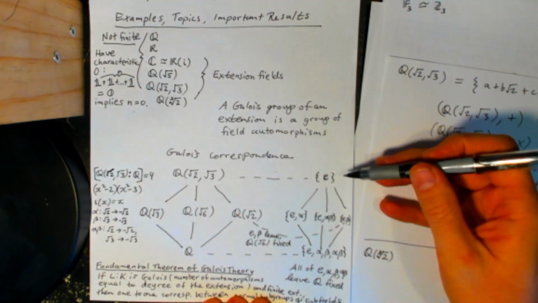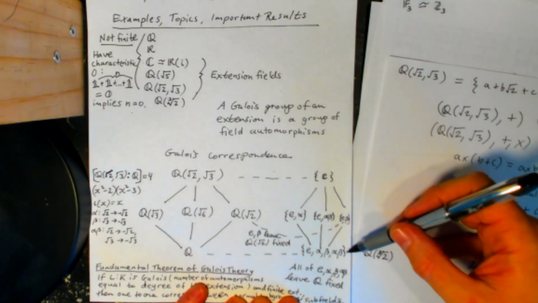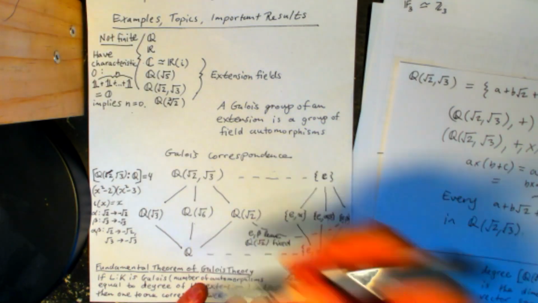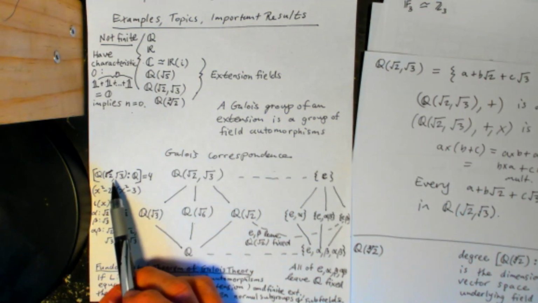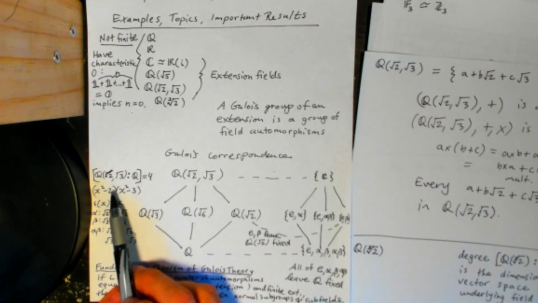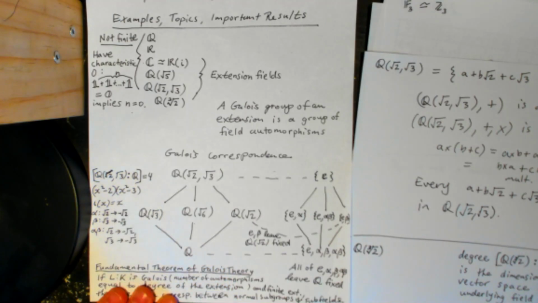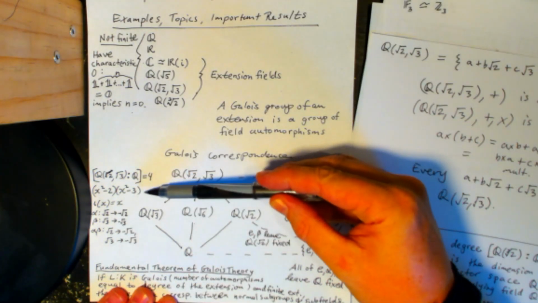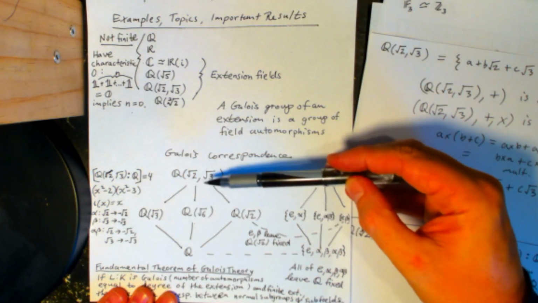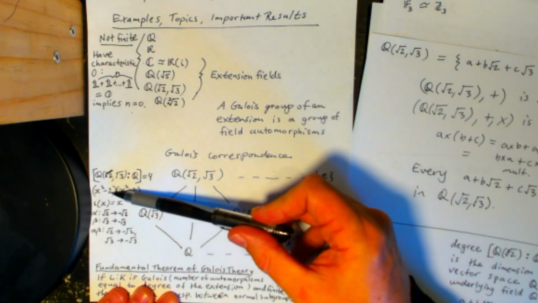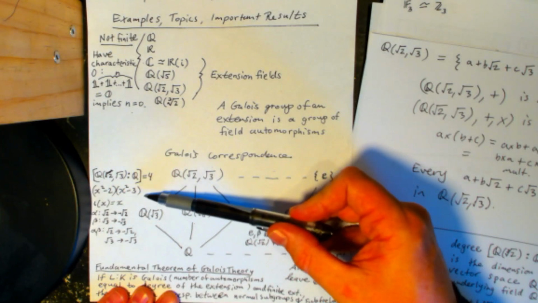Now let's talk about the Galois group of this over Q. We've already said, I think, maybe not, that the degree of this extension is 4. Here is the minimum polynomial I need to describe the roots that are in this field: x squared minus 2 times x squared minus 3.